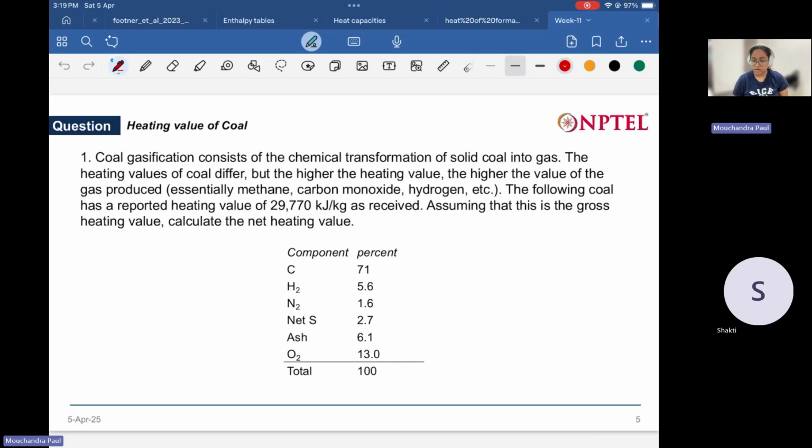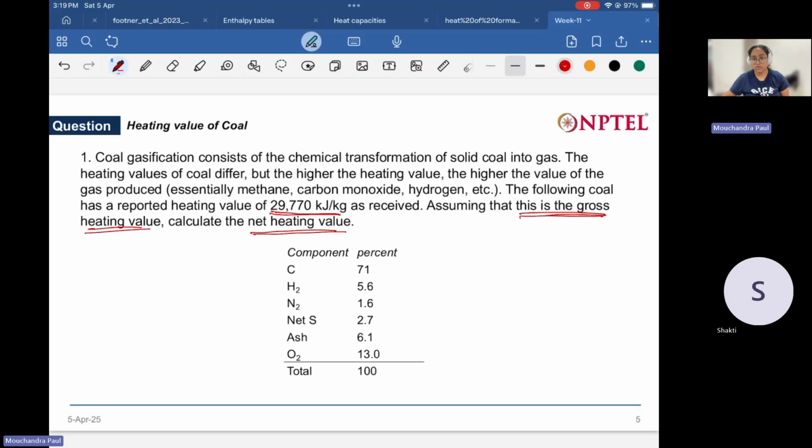Essentially, methane, carbon monoxide, and hydrogen are the components of those gases. The following coal has a reported heating value of 29,770 kilojoule per kg. Assume that this is the gross complete heating value. So calculate the net heating value.